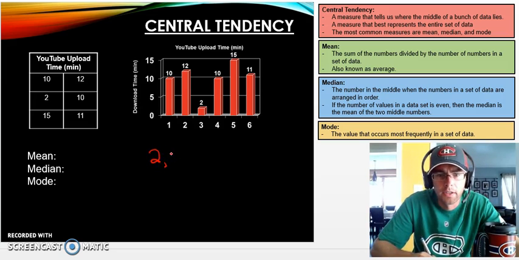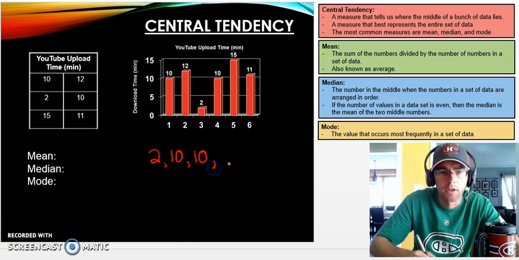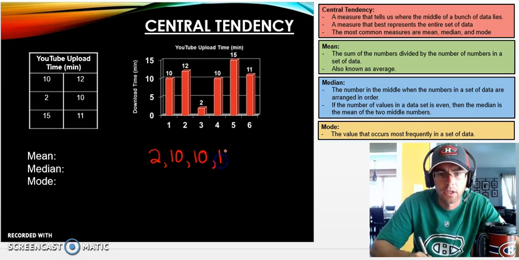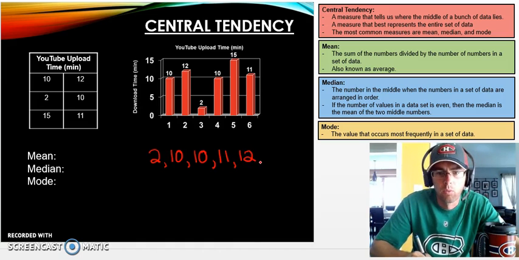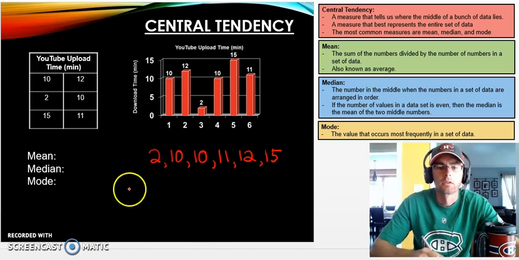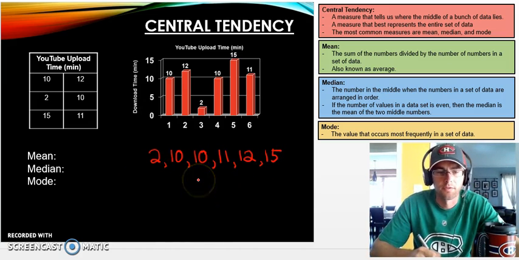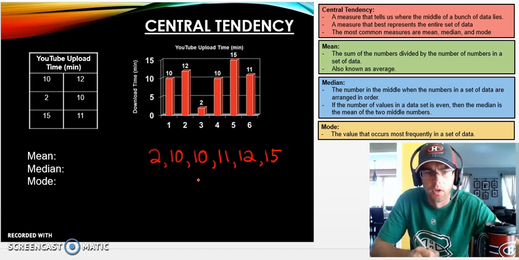The next one is a 10. Then we have a third file that took 10 minutes. A fourth file that took 11 minutes. Another file that took 12 minutes, and one that took 15 minutes. All right, so we have those 6 files there in order.